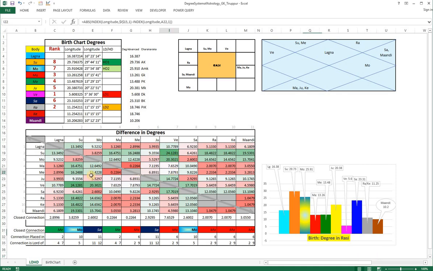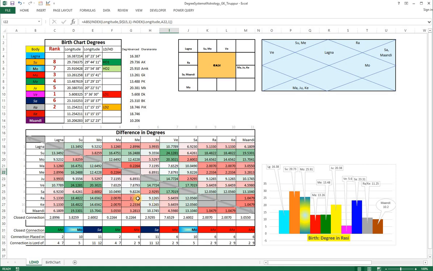Basically, if you take any cell, say in the Mercury row and Venus column, this would be the difference between Venus and Mercury in degrees. So Venus is 5.6 degrees, and Mercury is 13 degrees. 13 minus 5 would be somewhere around 7, 8. So that's 7.87 here. So this is how this table is created.